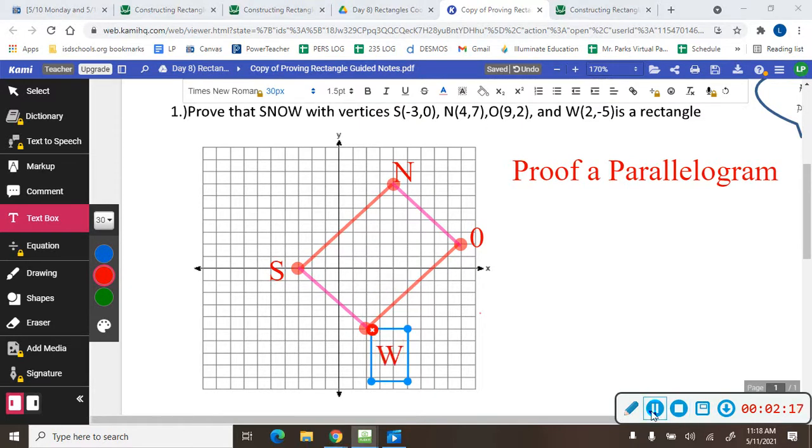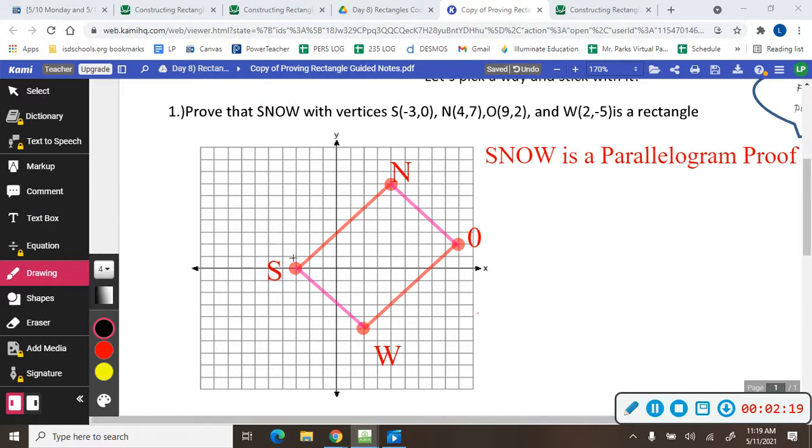The first thing you would do to prove that it's a parallelogram is to measure the slope. So from S to N, you do what's called rise over run. The slope from S to N, you rise 1, 2, 3, 4, 5, 6, 7. And then you go over 1, 2, 3, 4, 5, 6, 7.